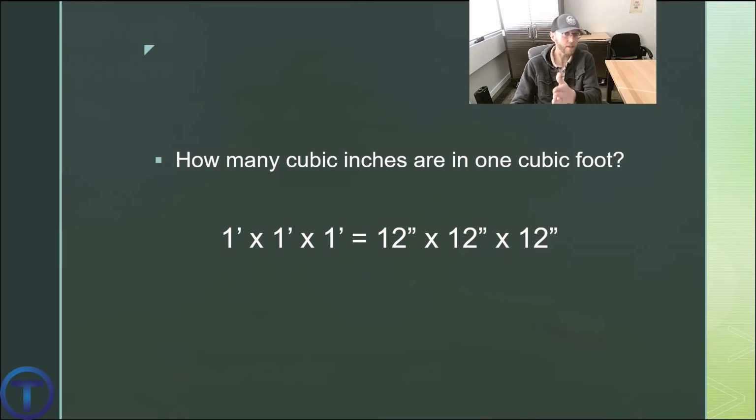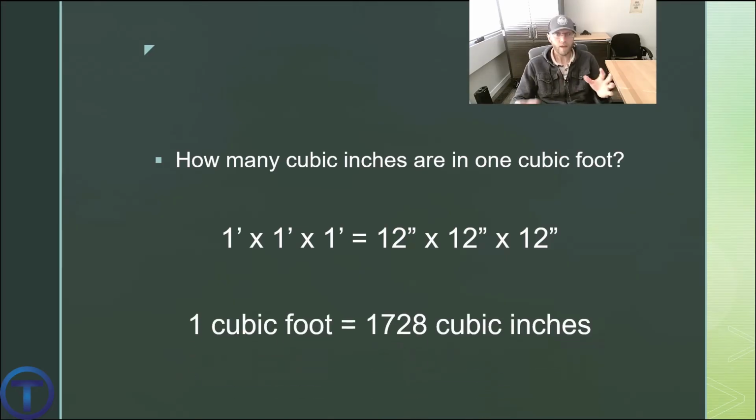You're following me? So here we go. If we times those all together, 12 times 12 times 12 is 1,728 cubic inches. And that is the same volume as our cubic foot.